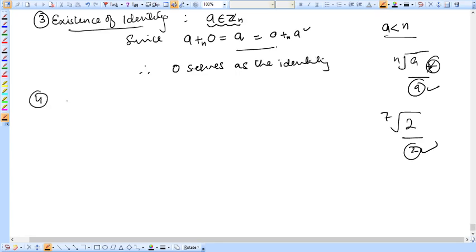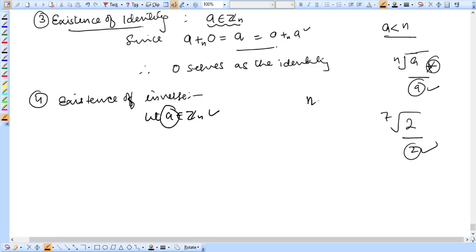Next, existence of inverse. Let a belong to Zn. If a is any element, then we can check that n minus a is also an element of Zn.